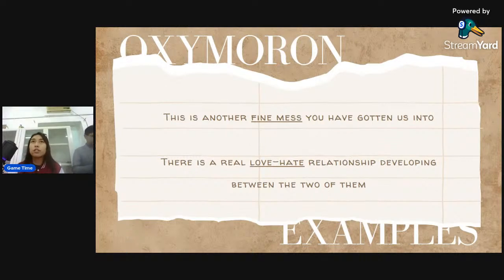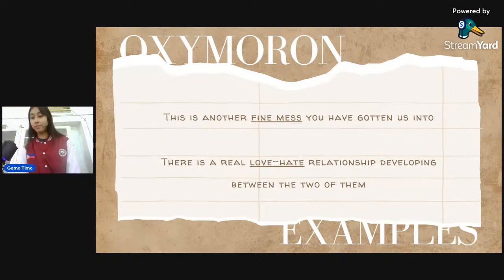So oxymoron basically uses two opposite words next to each other to form a sentence that would make sense. Saying this is another fine mess, fine and mess are two complete opposite words. That's the use of oxymoron. They create sentences with words that are very different from each other.